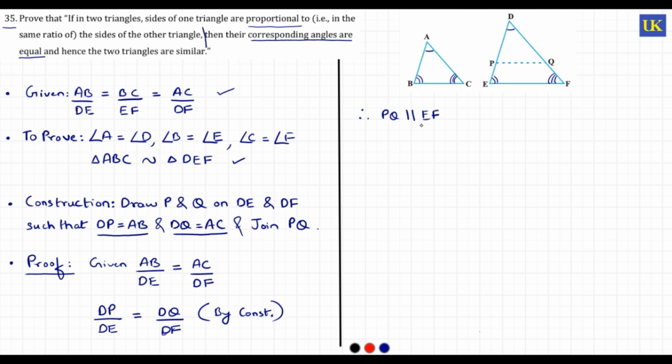So what I was saying was, if we can say in this step that DP upon DE is equal to DQ upon DF, if both these sides are in proportion, then by using the converse of BPT theorem we can say that this side is parallel to this side.